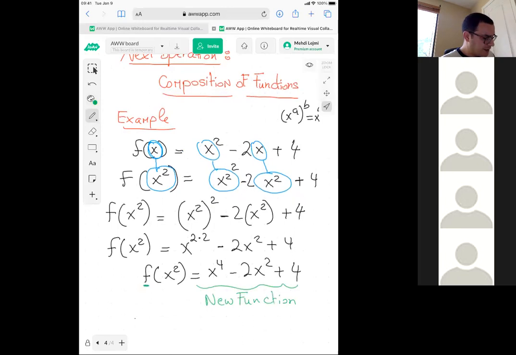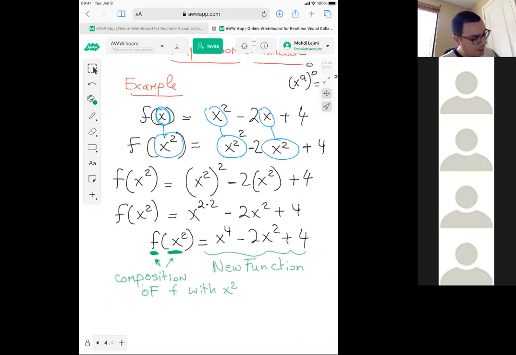What I did is I composed f not with x, but with x squared. This is what I call a composition of two functions. So this is a composition of f with x squared.